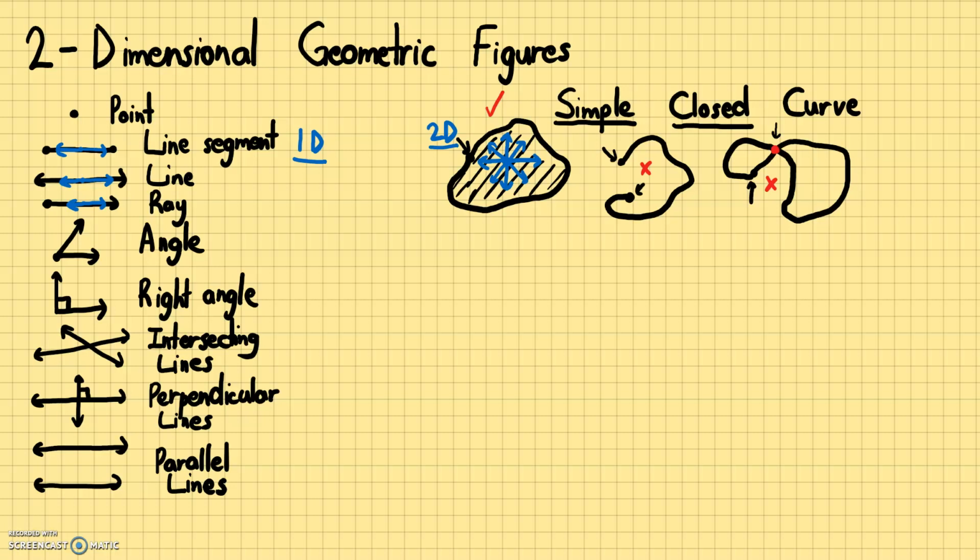Okay, so inside the simple closed curve category, we have what's called polygons. Now, polygons are simple closed curves, but they are made of line segments.